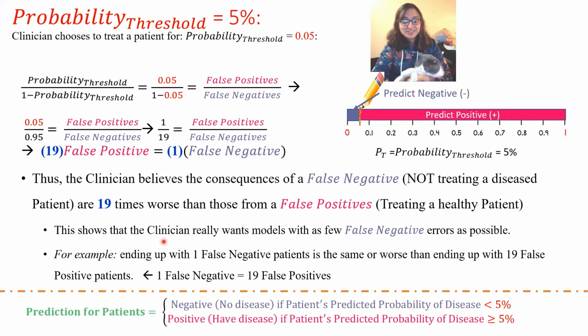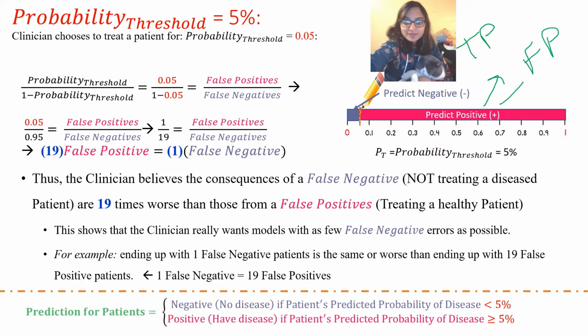That means that ending up with one false negative patient is the same or worse than ending up with 19 false positive patients. So here you really want to predict positive as much as possible, because having a false negative falling in this interval is 19 times worse than this being the case. So when you're predicting positive here, you could either land up with a true positive or a false positive.